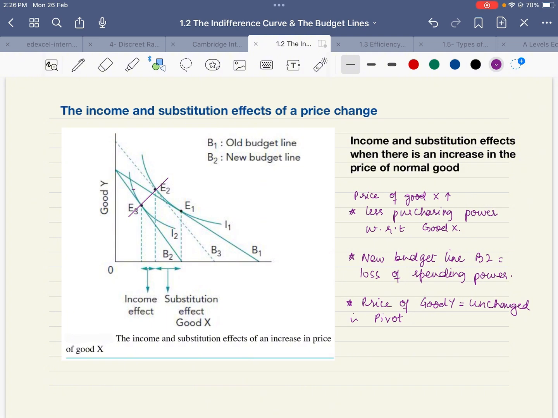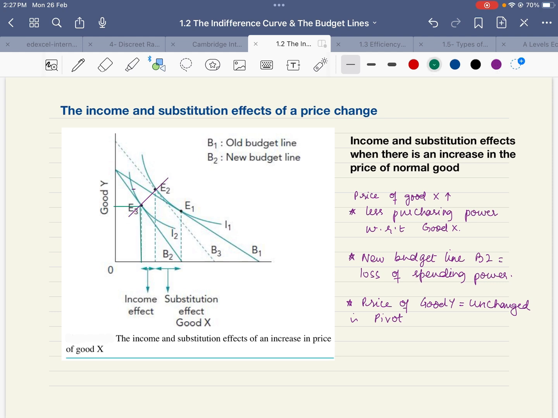This is called the income effect because these two points are lying on two different indifference curves. The consumer has less spending power at point E3 due to the increase in the price of good X. The income effect is negative, resulting in a decrease in consumption of both the goods, right? Why?